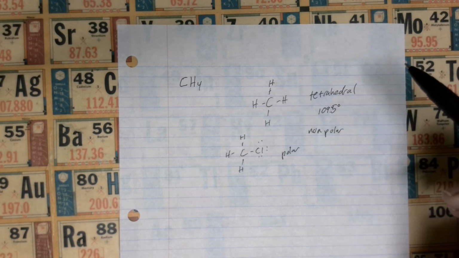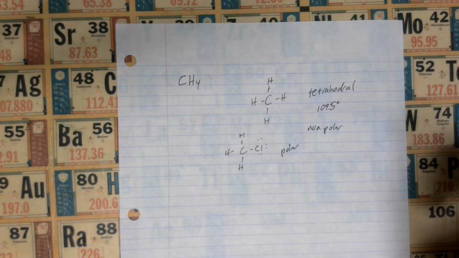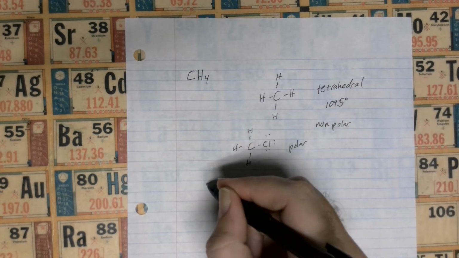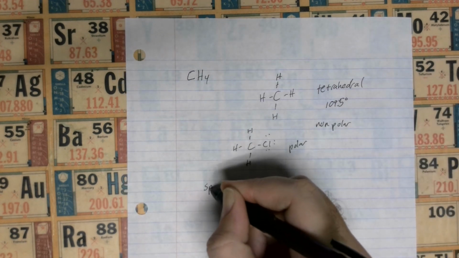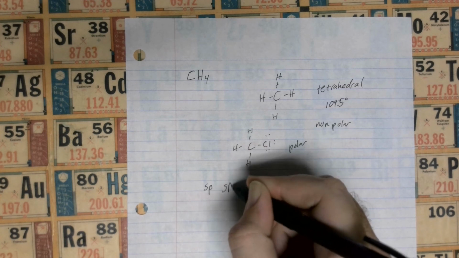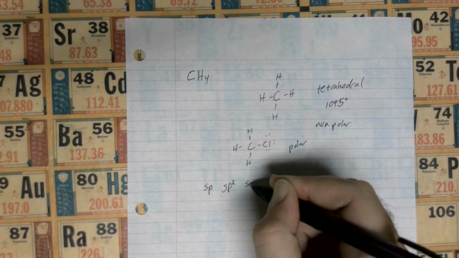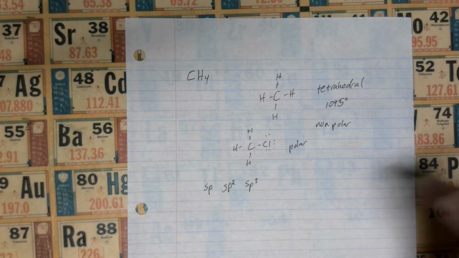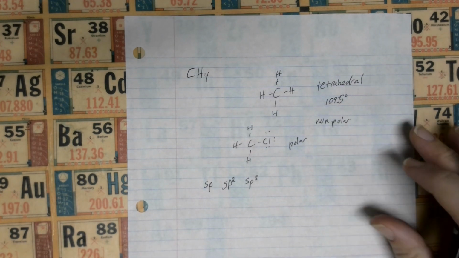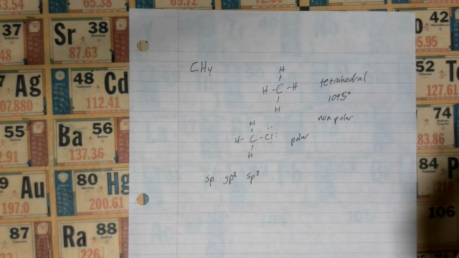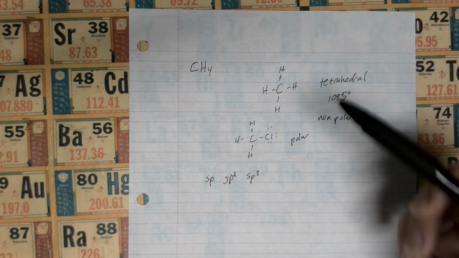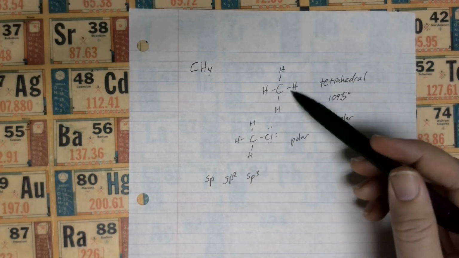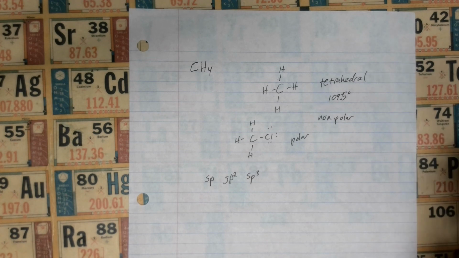There are really 3 different types of hybridization that we are going to worry about: sp, sp2, or sp3. Those are the different types of hybridization, and it depends on how many electron groups are around the atom that we're talking about.